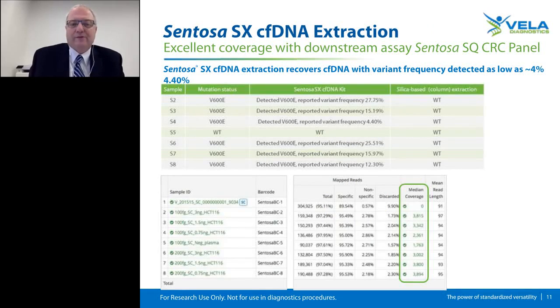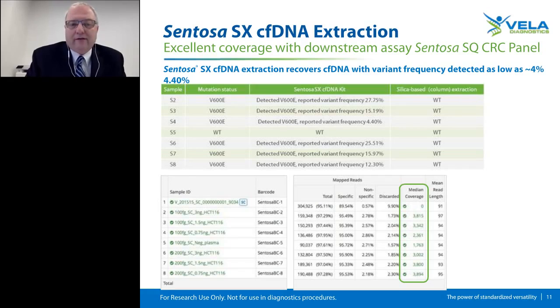Okay, so after we do this, what does the data look like? After we've provided the cell-free DNA preparation, we've then taken the prepared samples into our Centosa SQ-CRC panel.